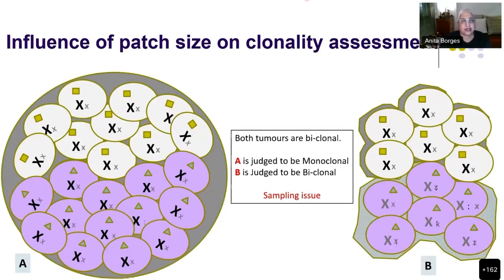All right, now just take a tumor that is biclonal. Both these tumors are biclonal. That means they have two clones, and I'm showing this as purple, and this as light cream or whatever. They have occurred in a patch in which, let us assume, the maternal X chromosome has been inactivated.